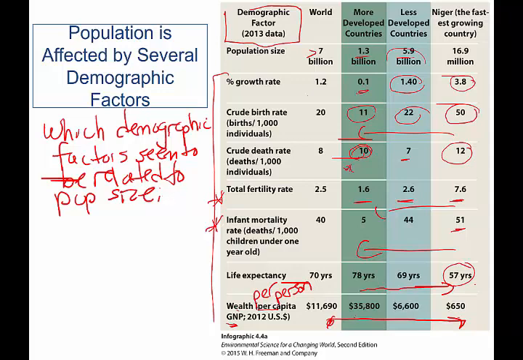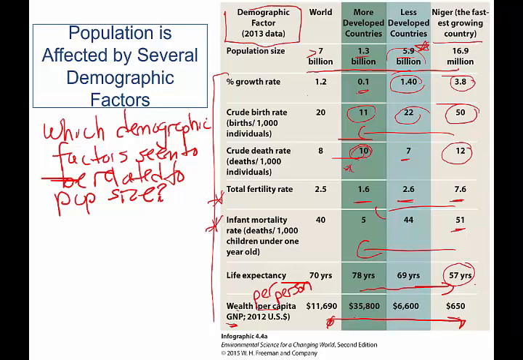And I believe I've kind of already gone over this, because if you look at the populations at the top here, you can see that the most populous countries are the least developed. Niger is probably the most populous per country, if you want to look at it per country.